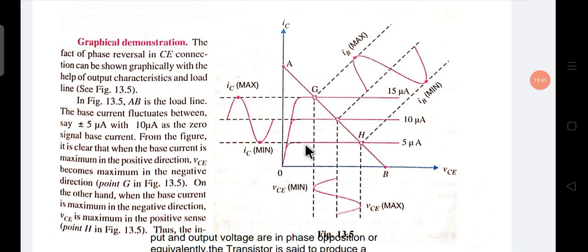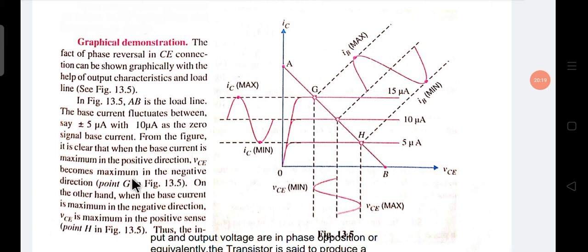VCE becomes maximum in the negative direction. That means this IB is maximum here, and VCE is in the negative direction, maximum.